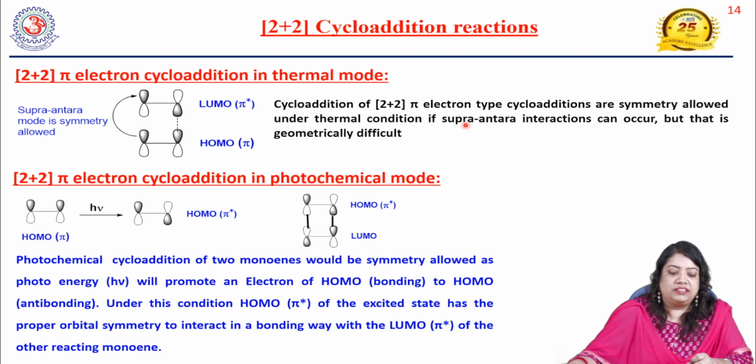It is, and so this interaction does not give a bonding overlap. So 2 plus 2 pi electron cycloaddition in thermal mode does not take place at all.